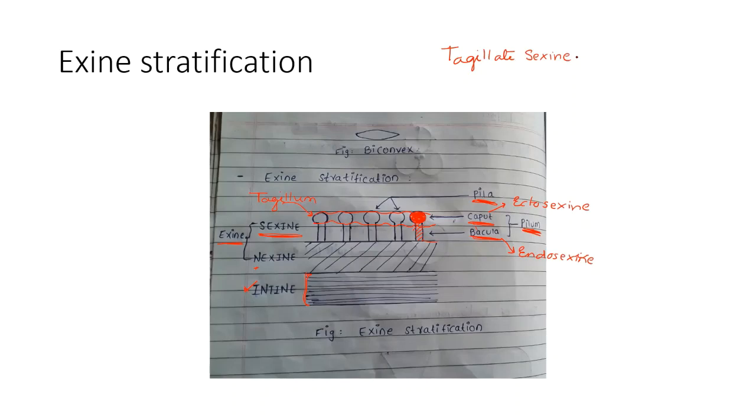And in this tagellate sexine, you will get several types. So that we have to find out. So I've given you the basics of the exine stratification, the different layers which are present, and now we are interested in finding out what are the different types of tagellate sexine.